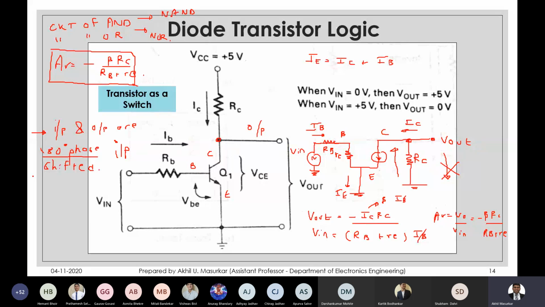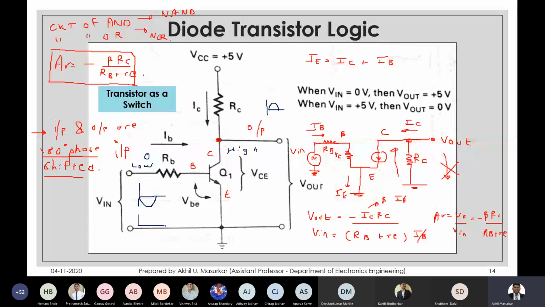So now I know if I pick up an AND circuit, so this circuit, if I apply a 0 here, or if I apply a low value here, I'll get a high value. That means if I apply a sine waveform like this, here I should get a sine waveform like this.